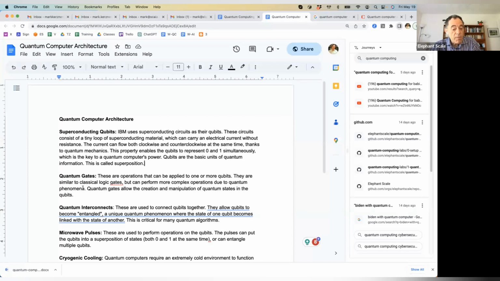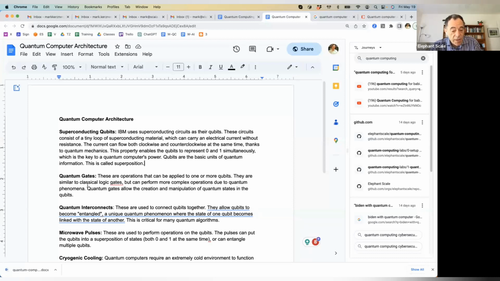Quantum gates. These are the rules of operation on these qubits. They are usually mathematically expressed as matrices, and you multiply by matrices, and in this way you change the probabilities. Let's say your probabilities are represented by a vector, you multiply a matrix by a vector, and the result is another vector, new probabilities.